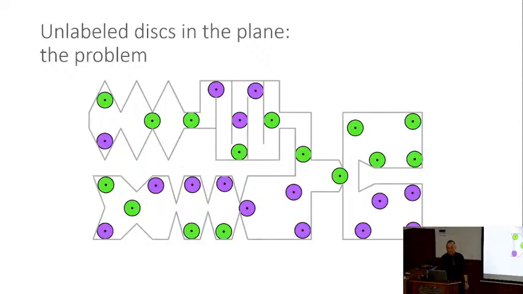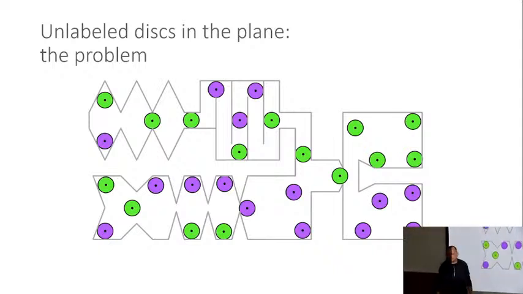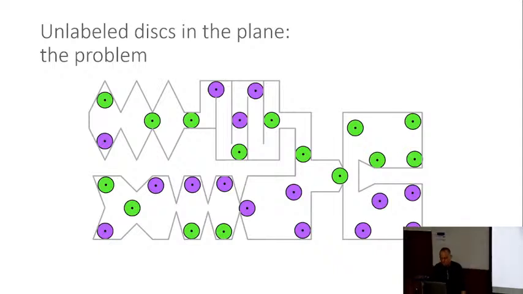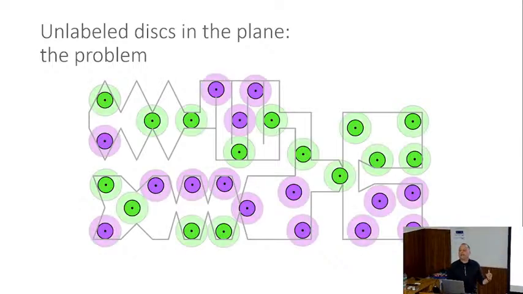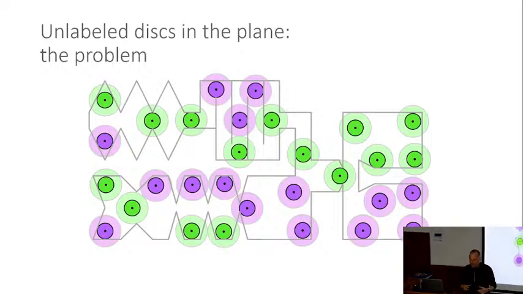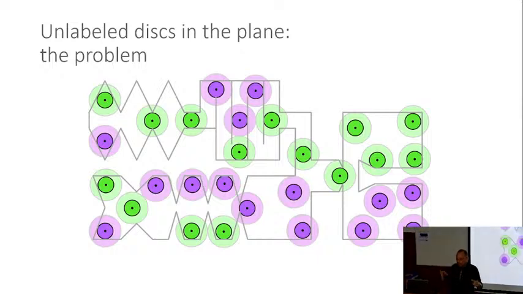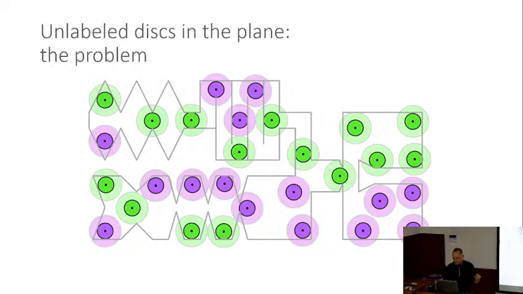Here is an instance. You have 15 robots, 15 green start positions, 15 purple target positions, and here is a verification that it holds the separation that I mentioned. I expand each robot by a halo, an annulus of radius 1, and I require that these expanded robots are pairwise interior disjoint.